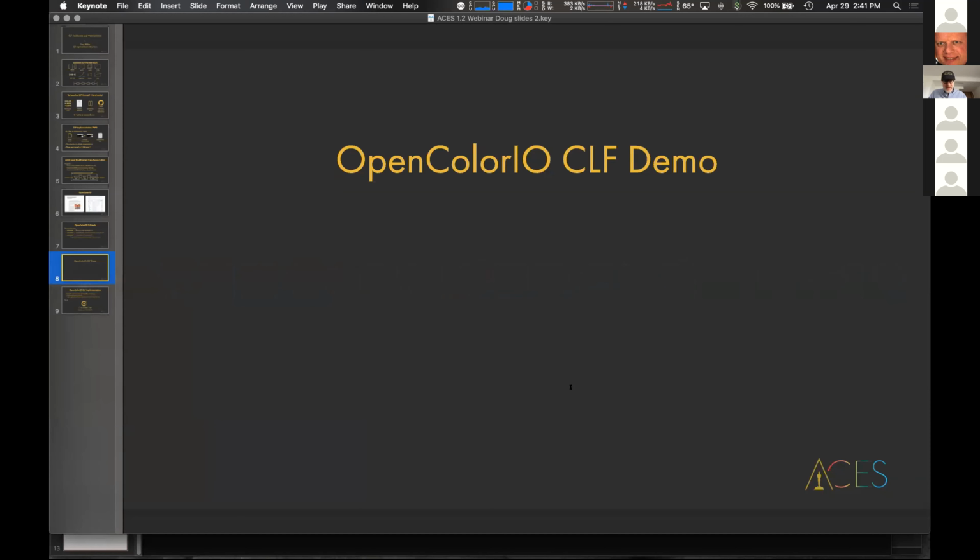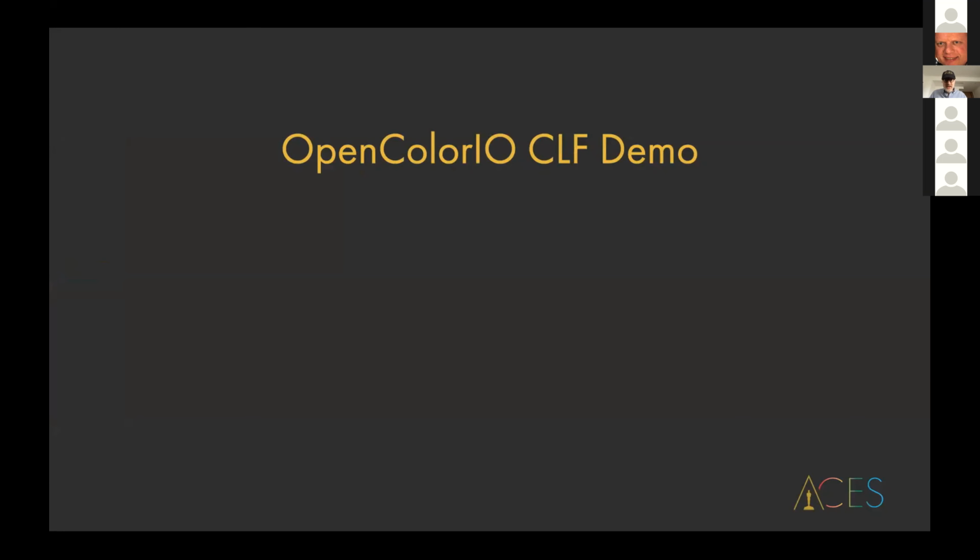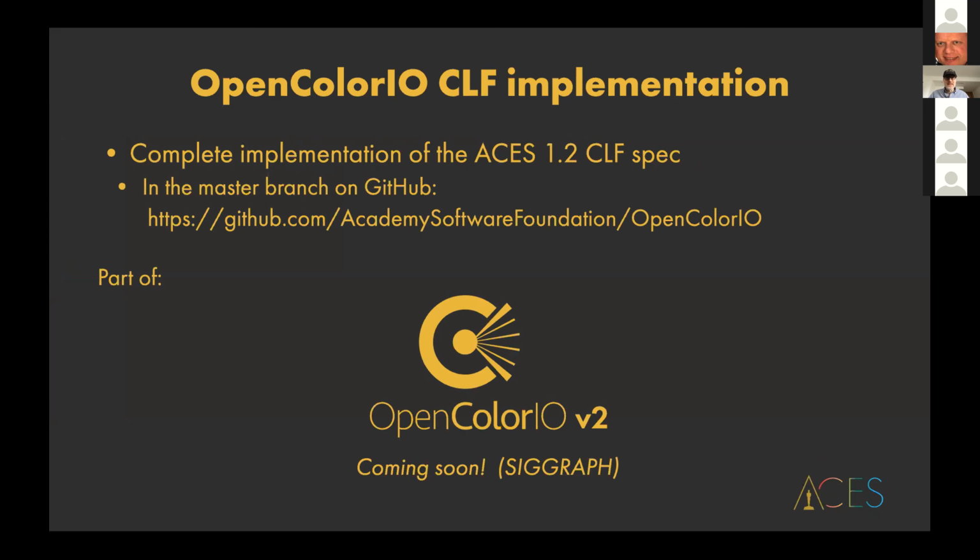If I go back to Keynote here, I just want to mention that this code is free and available now on GitHub. The link is there. The ociomakeclf tool is in a PR, but it's all there on GitHub. If you have any questions about how to compile it or how to use it, just make a post on ACES Central or on the OCIO forum, and we'll be happy to help you.